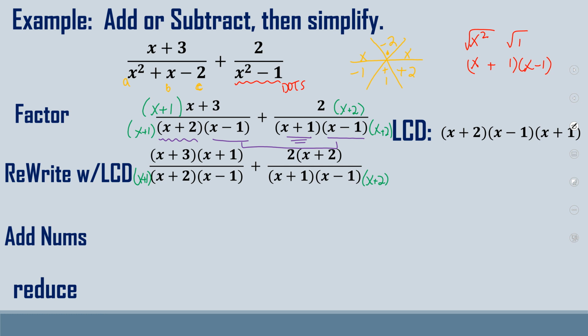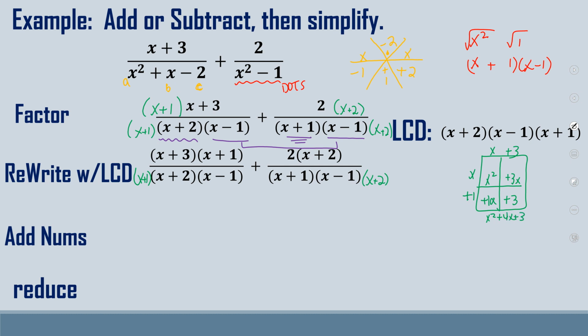In order to do that, we're going to have to multiply x plus 3 and x plus 1 together. Remember, if you guys like the box method for that one, let's do that one off to the side and see what we get. So I have to multiply an x plus 3 and an x plus 1. That'll give me x squared plus 3x plus 1x plus 3, which is an x squared plus 4x plus 3.